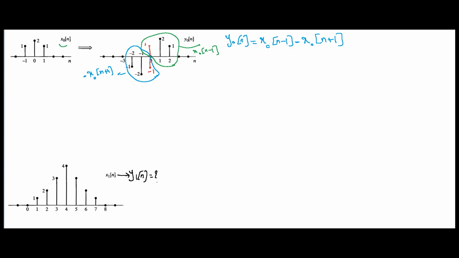Now let's recall an important convolution property. The convolution of any signal with a unit impulse is equal to the signal itself. Also, the convolution of any signal with a shifted unit impulse gives the same signal shifted by the same amount.